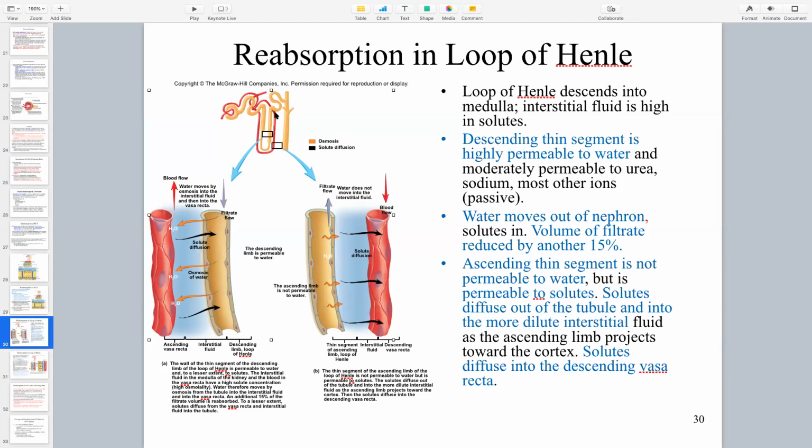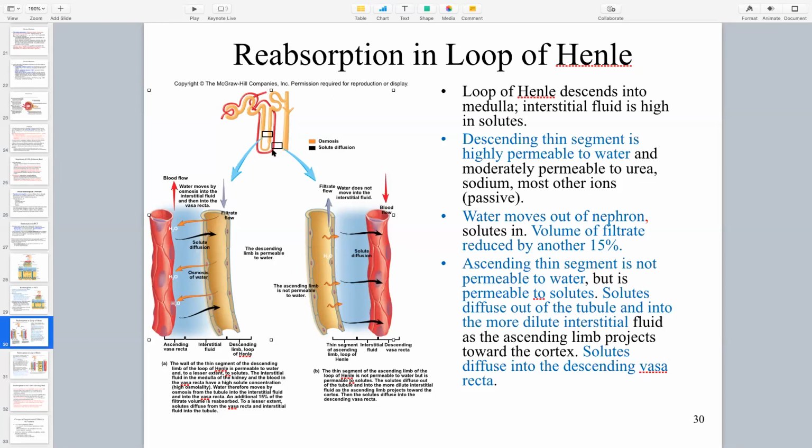If the blood enters here, the blood is at 300 milliosmoles of solutes, very similar to the solutes in the filtrate up here, right? As it comes down, it receives more and more salt from all these pumps. The blood becomes more and more concentrated with salt.